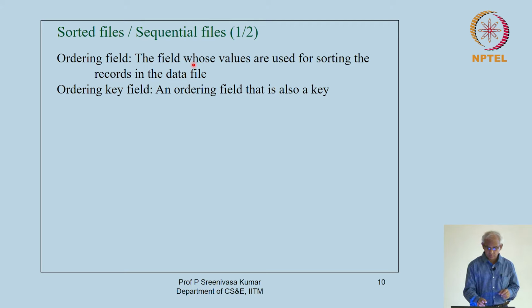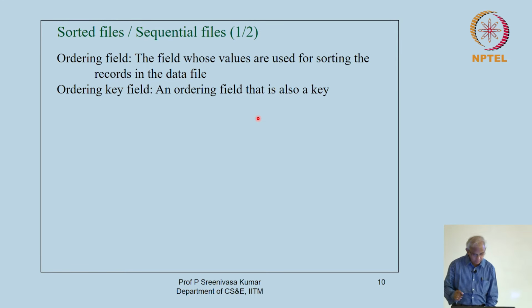The field whose values are used for sorting the records in the data file is what is called the ordering field, and it could be a key field, but it need not be a key field. We call it an ordering key field in case the ordering field is also a key. Otherwise, it is just called an ordering field.